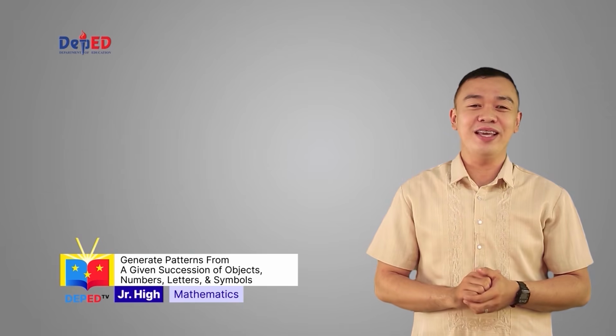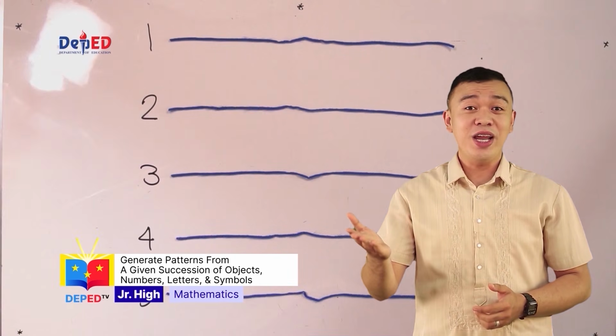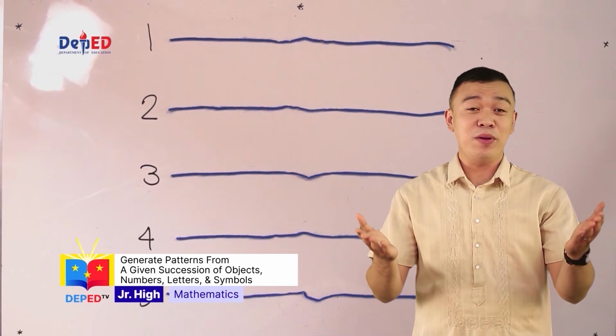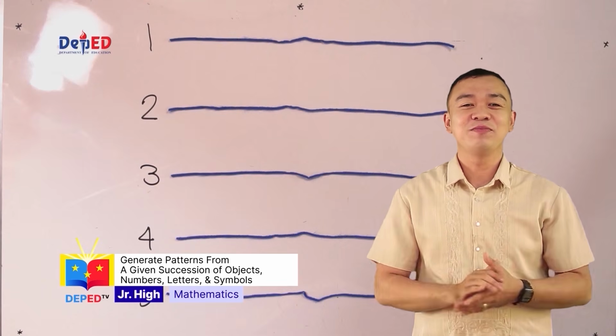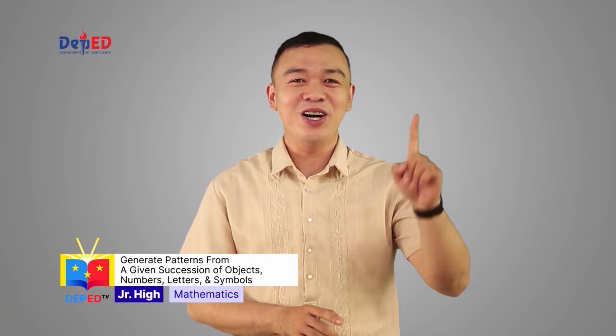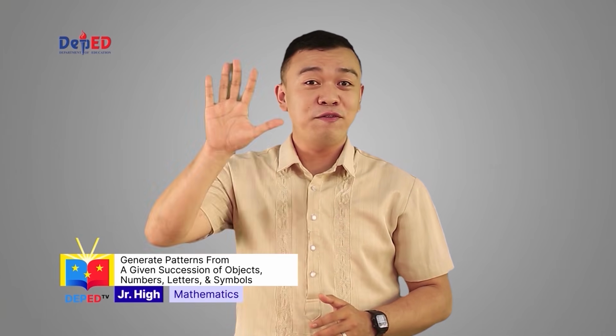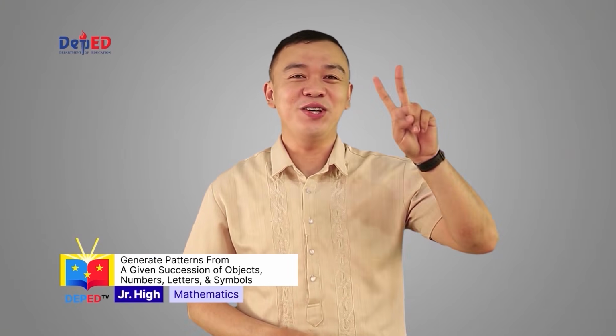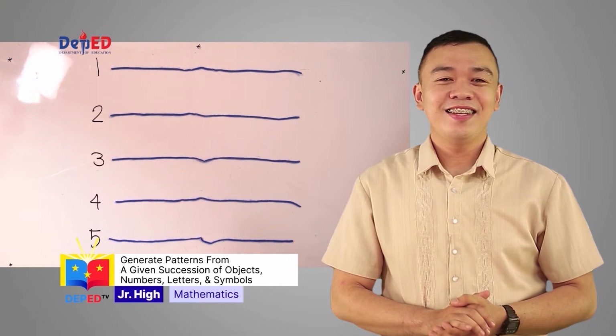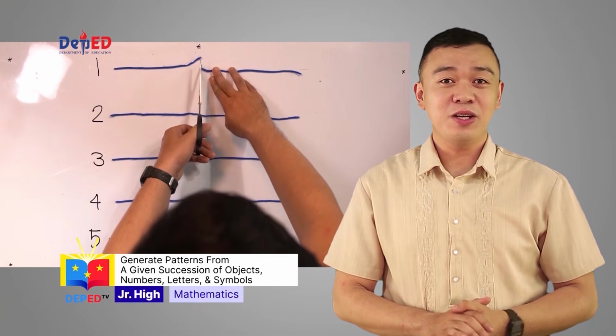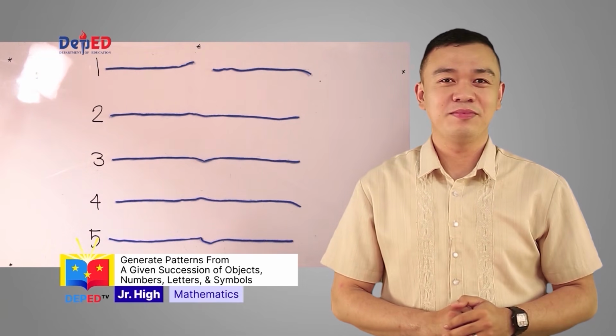Please prepare the following: 5 strings and a pair of scissors. Let's do step 1. First, let us prepare 5 strings of equal length. Let's go to step 2. Cut the first string once.